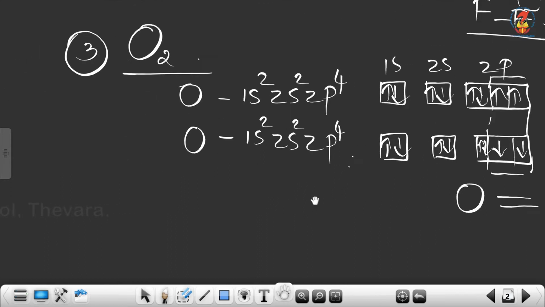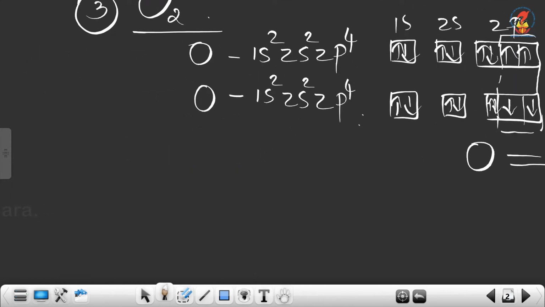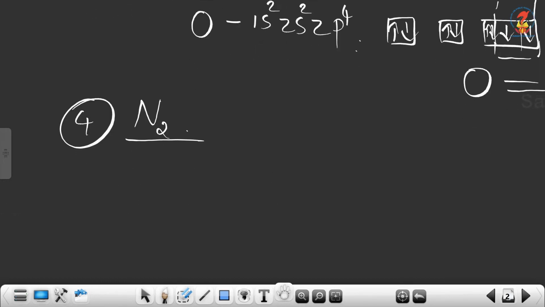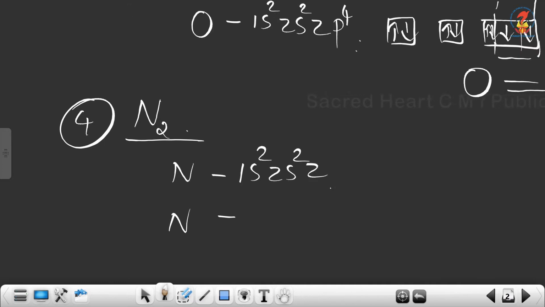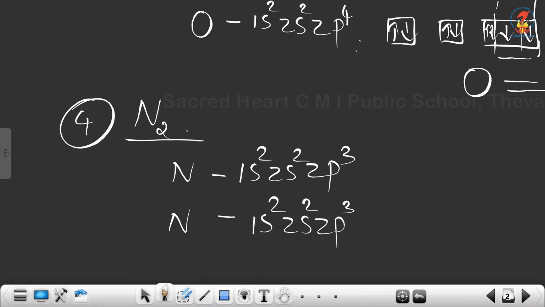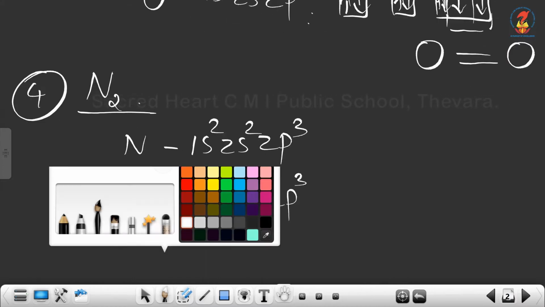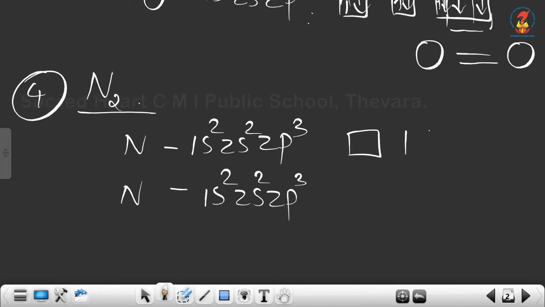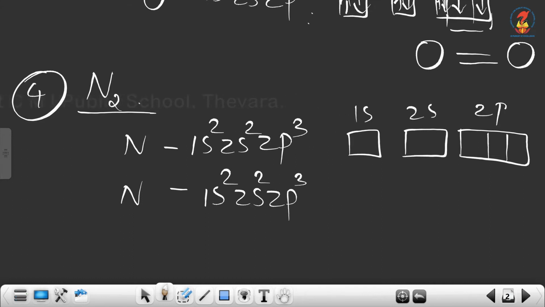Now the next example is example number 4, that is nitrogen molecule, formation of N2 molecule. We have two nitrogen atoms and you know the atomic number is 7. So the configuration is 1s2, 2s2, 2p3. Now when you draw the orbital diagram, 1s, 2s, 2p, 1s, 2s, 2p.